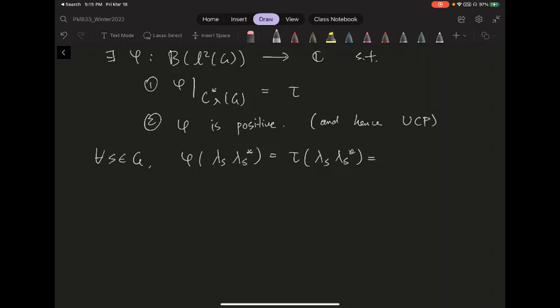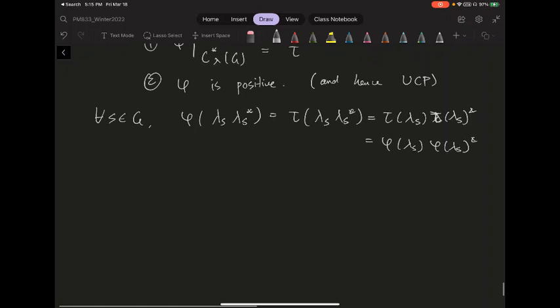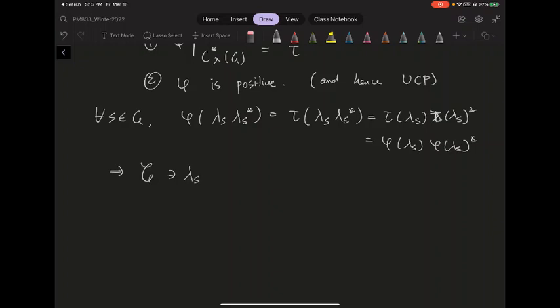But tau is multiplicative, it's a character, so this is tau of lambda s star, and you can write it as phi of lambda s, whole thing star. And you do the other way as well. So the idea is that the multiplicative domain, because it's a C-star subalgebra, contains all the lambda s, so it of course contains the reduced C-star algebra.